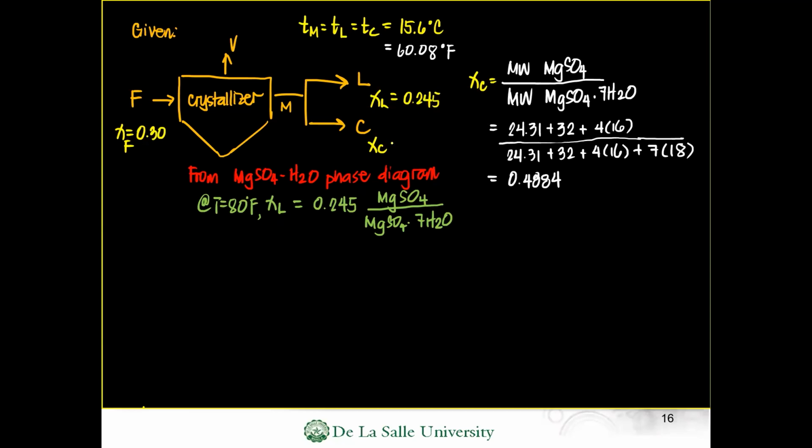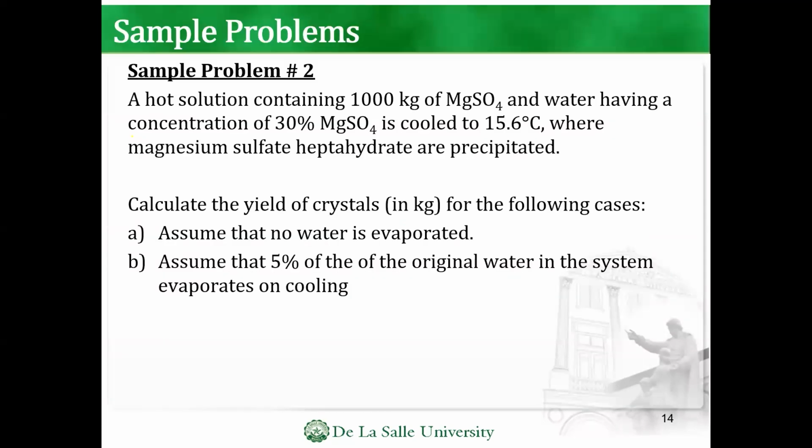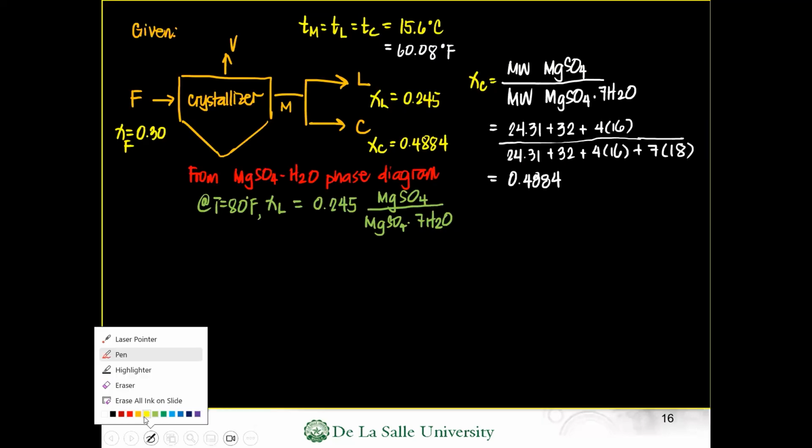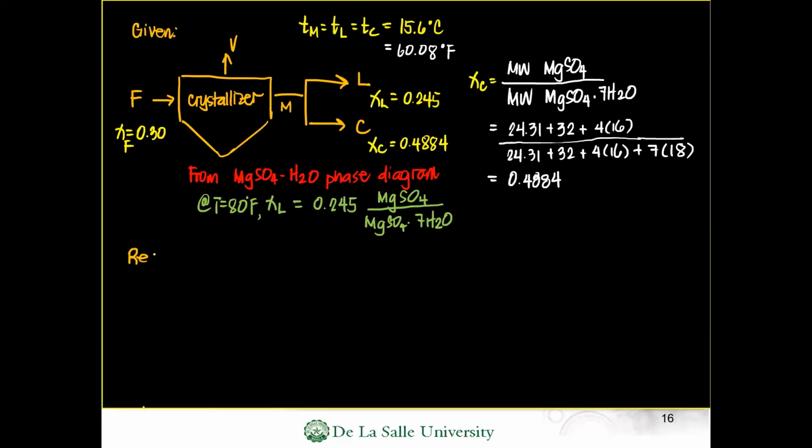So let's just label them so we know where to look. 0.245 from the diagram, 0.4884. So that all the givens are here. And then what's being asked? Yield of crystals. So again, C. Then assuming that no water is being evaporated. So here, required, letter A, yield of crystals, where V is 0.